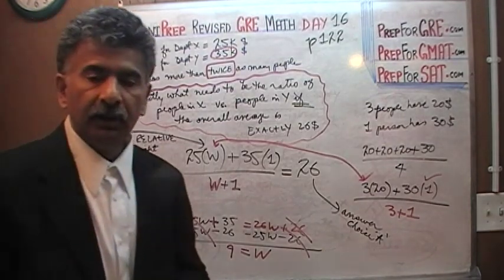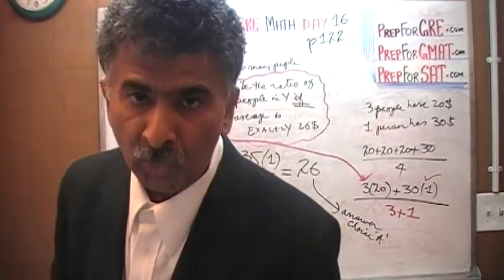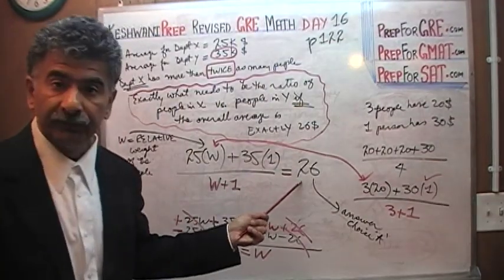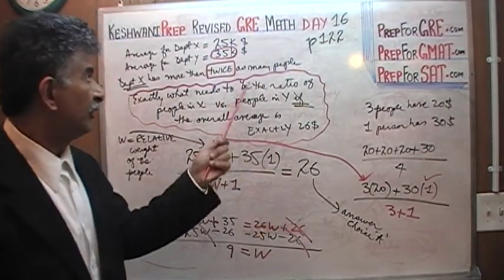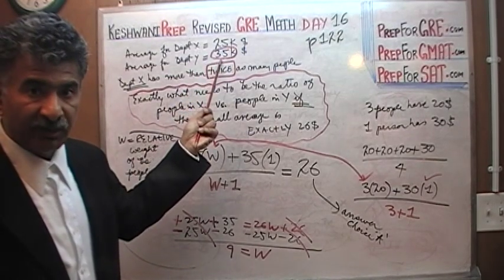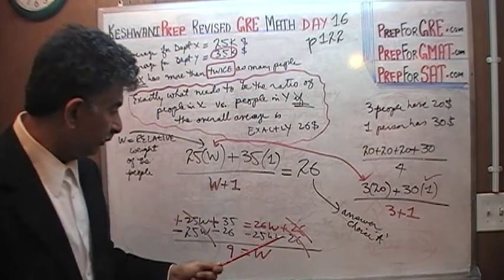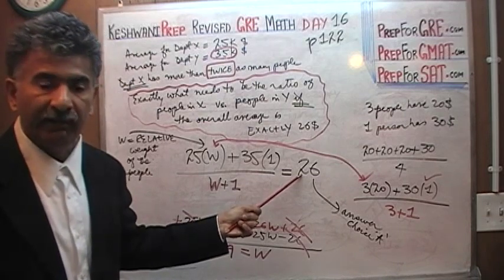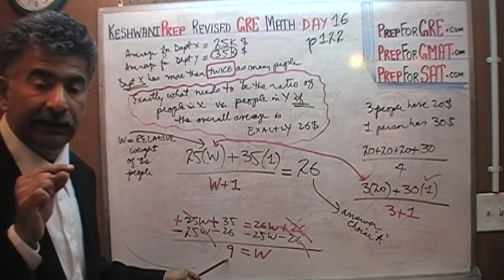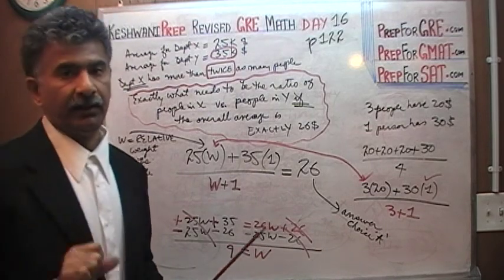That tells us, listen very carefully, that in order for the overall average for the entire firm to be $26,000, given the fact that the average for Department X is $25,000 and the average for Department Y is $35,000, given these two facts, we will have to have 9 times as many people in the department with the lower average than compared to the department with the higher average.